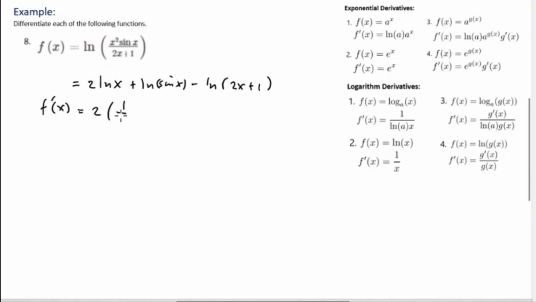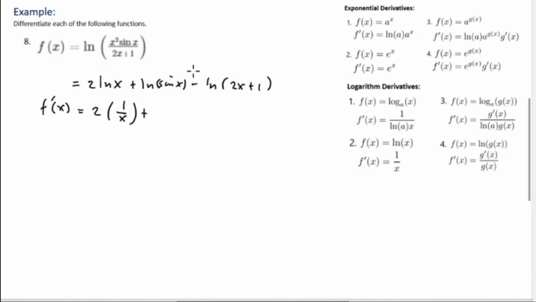plus the derivative of ln of sine x. It is also 1 over the argument. However, we have to differentiate the argument sine x, and the derivative of sine x is cosine x.